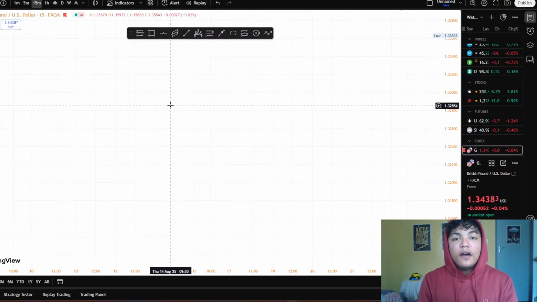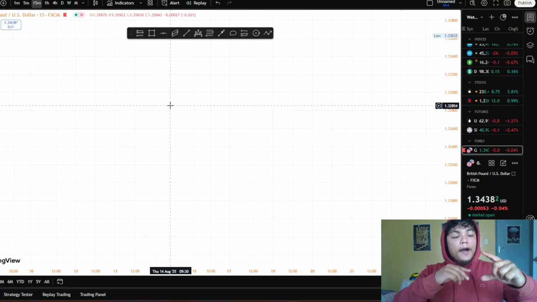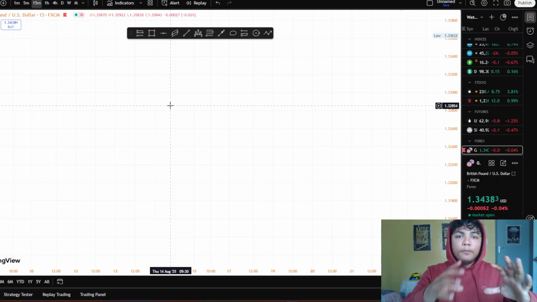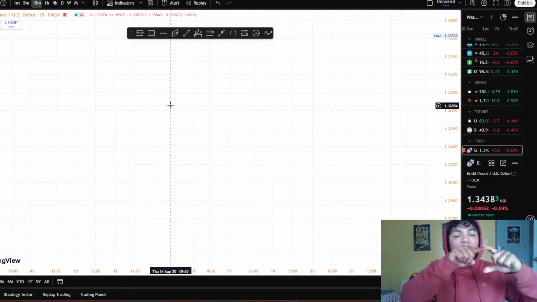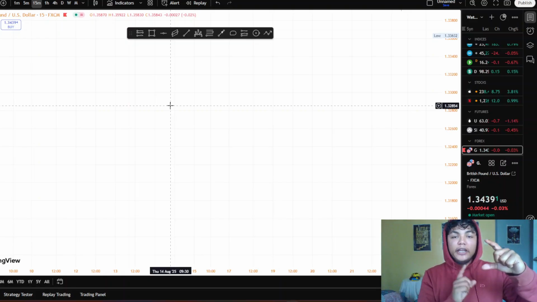Guys, now I'm going to mark out the order blocks and the FVGs on a live chart for you. In the previous segment, I explained an FVG is a gap in the market. This means that the wick of this candlestick didn't connect to this one, and this leaves a gap in the market.